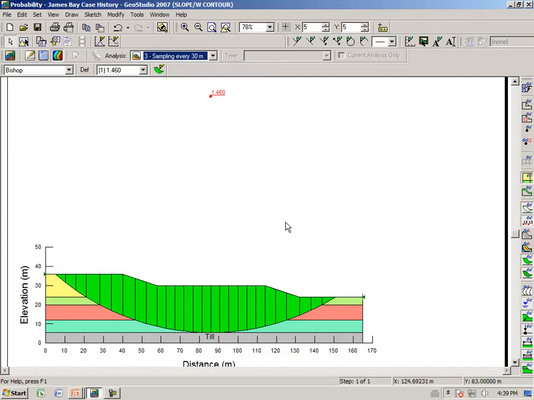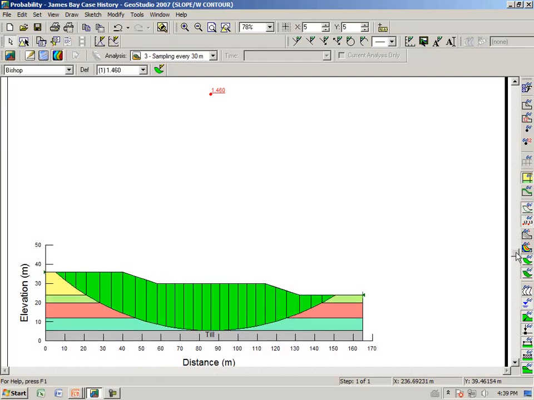So once again, I refer you to the paper that goes with this case history. I have copied the PDF file and document that goes with this case history to the CD in the folder called Papers of Interest. You can read the article where I discuss the effects of the sampling distance.